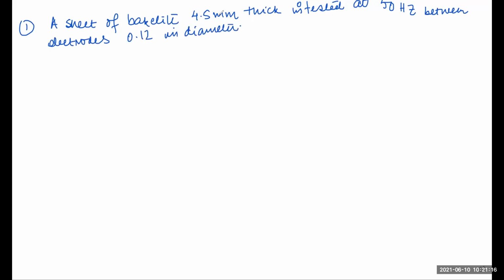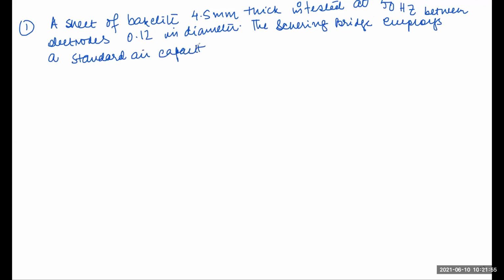Then you see the Schering bridge. If you remember the Schering bridge diagram, the Schering bridge employs a standard air capacitor C2 of 106 microfarad.